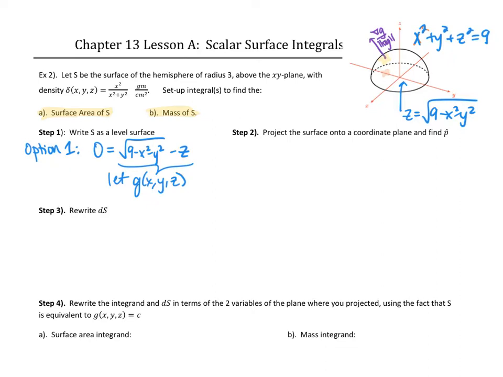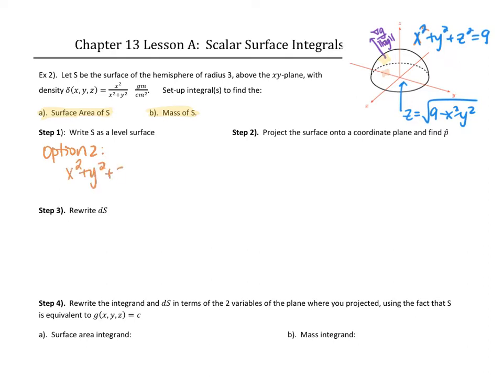It would be easier algebraically to use the entire sphere, so let's say this is option 2. I can think of the entire sphere and then let g be this. This is still going to give me a vector that's normal to the entire sphere at any point, and we'll just use it for the top hemisphere, and I'll show you where it comes into play that we just consider the hemisphere.